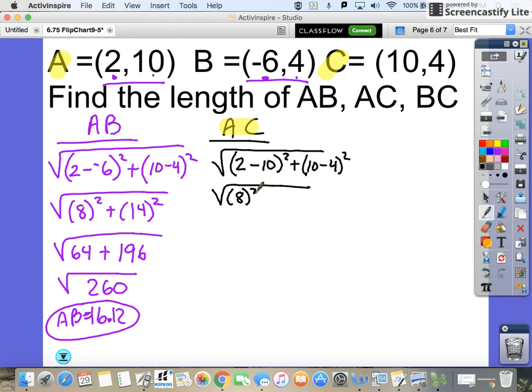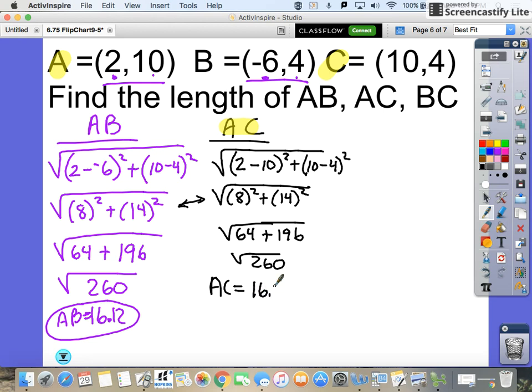So we get 8 squared plus 14 squared. That looks the same as this. So 64 plus 196. 260. So that means AC is also 16.12.